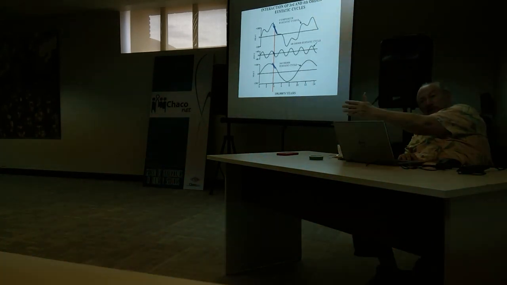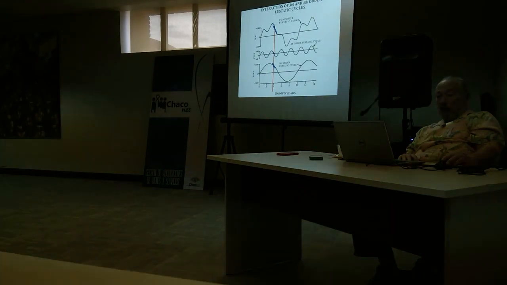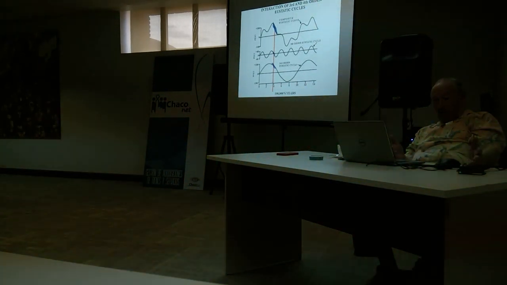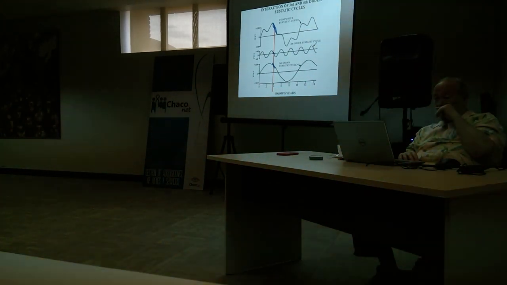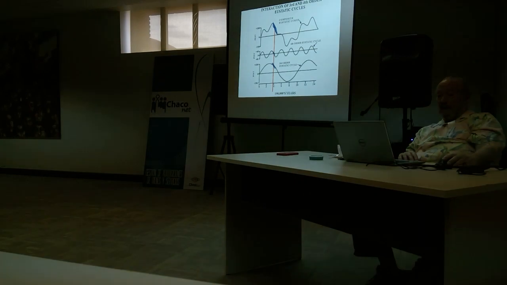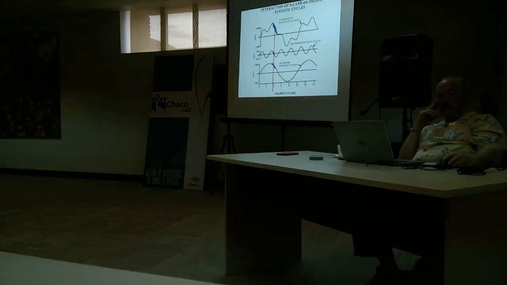So you've got all that exposed shelf that you can erode. So when you get a composite curve like that, you know at that time interval you're going to be depositing submarine fans.